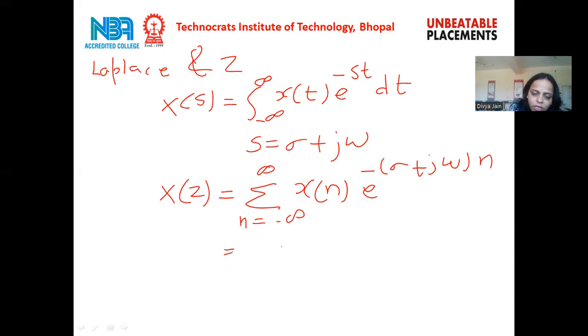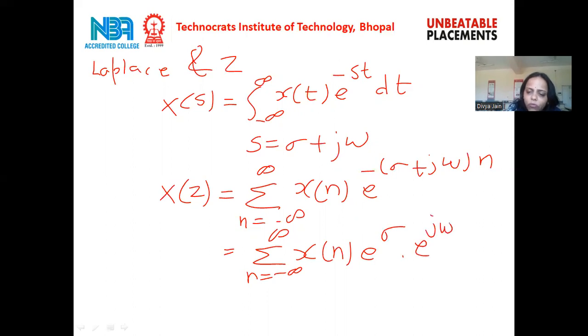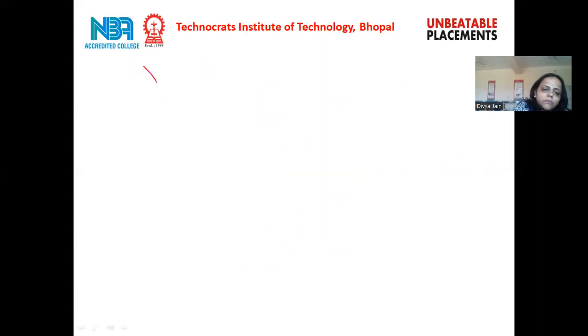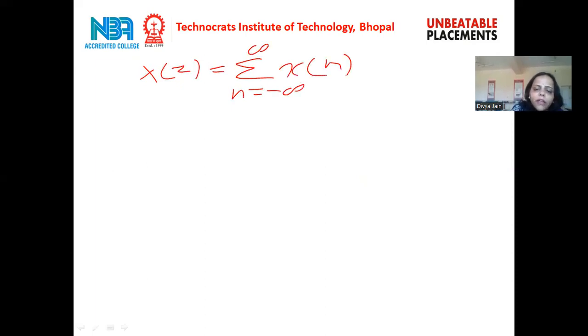Now, it can be written as x[n] e to the power sigma into e to the power j omega, raised to the power minus n. Now we can take e to the power sigma equals r. So X(z) equals summation n equals minus infinity to infinity x[n] (r e to the power j omega) raised to the power minus n.